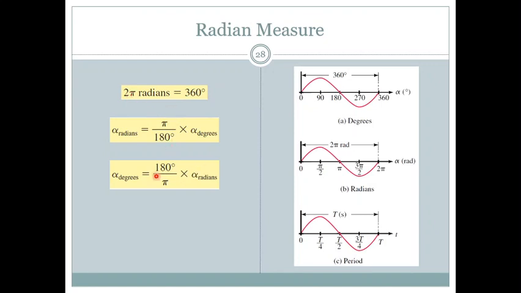The other way around also works. If you mark it on the x-axis in a waveform, this is using the angle in degrees or radians. Also you can use the time, that is the periodic time: full T, half a T, 1/4 of a T, 3/4 of a T.